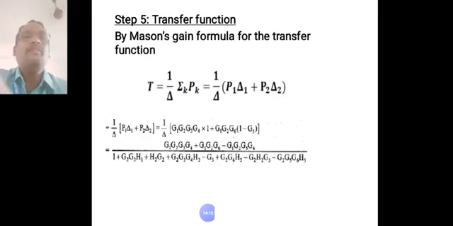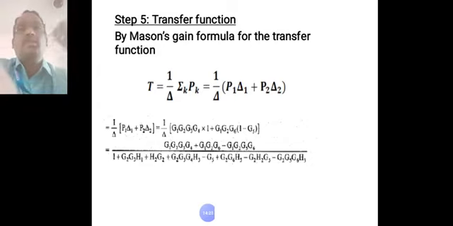Okay. Then the final step is to find the transfer function of the system, or the overall gain of the system. We find the overall gain by using Mason's gain formula, which is given by T equal to 1 by del, summation over K of Pk del K. Here the value of K is 2. Therefore we have to find P1, P2 and del 1, del 2.